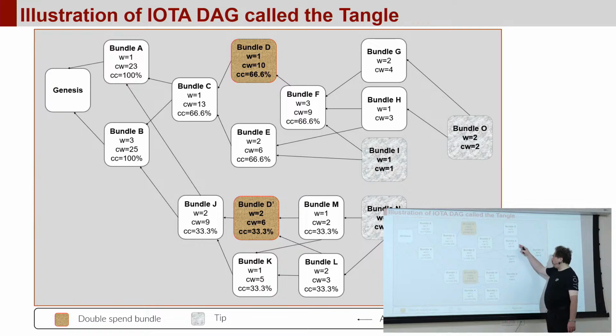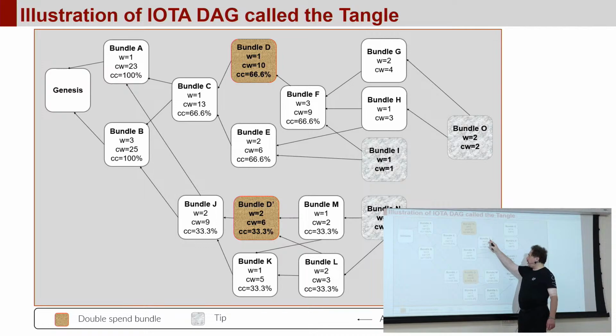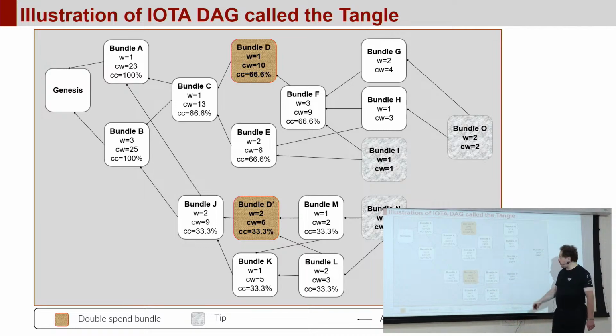So how are edges formed? So an edge signifies an approval. So whoever issued, say, transaction H, saw transactions F and E and verified their correctness. And in order to confirm that, it's like a signature.